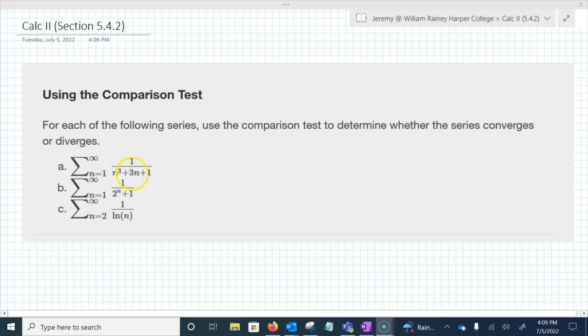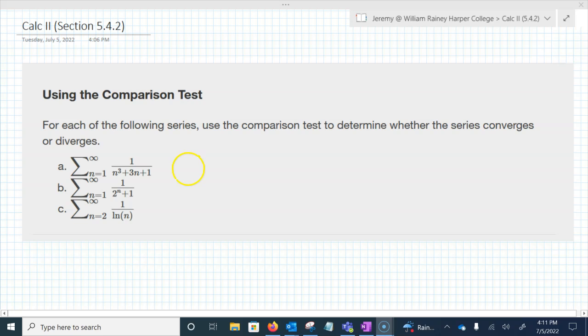Because when I add non-negative terms, 3n plus 1, that'll make the denominator larger than if I just had 1 over n cubed. And so that larger denominator will make the value for each of those terms in the series smaller. So I know that all the terms are in fact smaller than the terms of the p series, where I have 1 over n cubed being the terms of the p series.